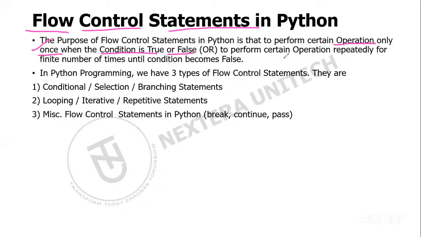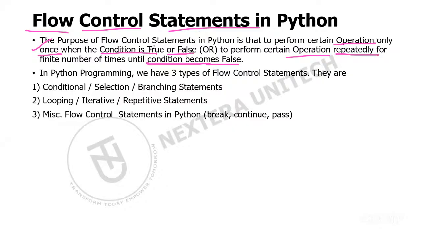Or the same operation can be done multiple times, repeatedly. I can perform the same operation n number of times till the condition becomes false. So either this or that. That is the purpose of flow control statements.